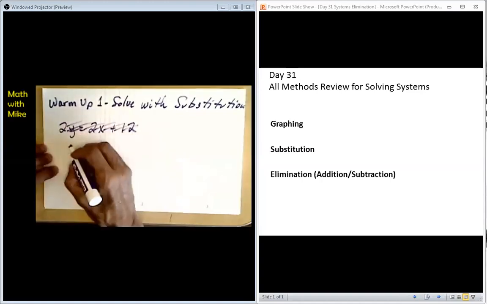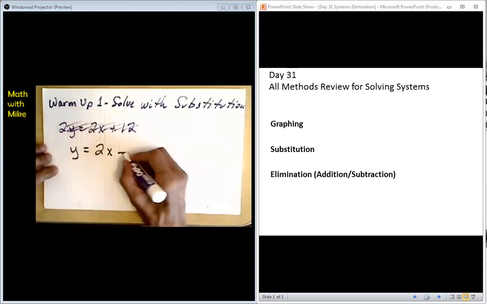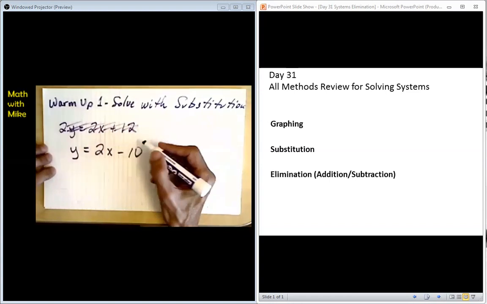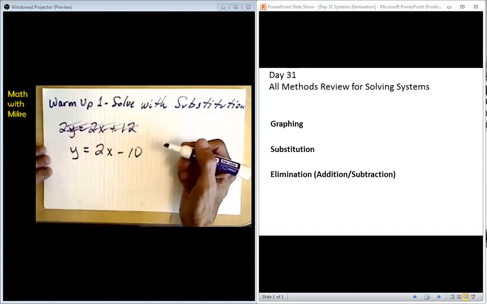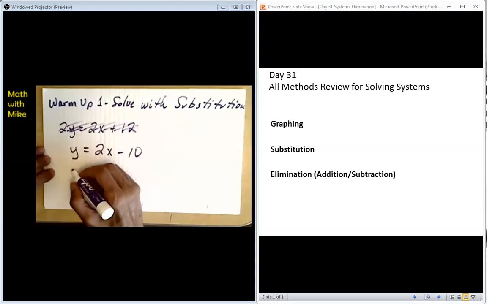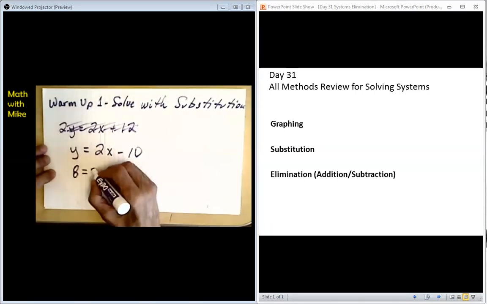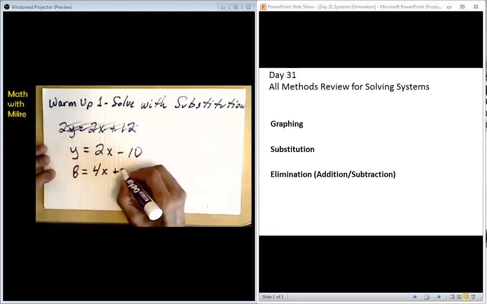I'm going to give you this one. y is equal to 2x minus 10, and 8 is equal to 4x plus 2y.